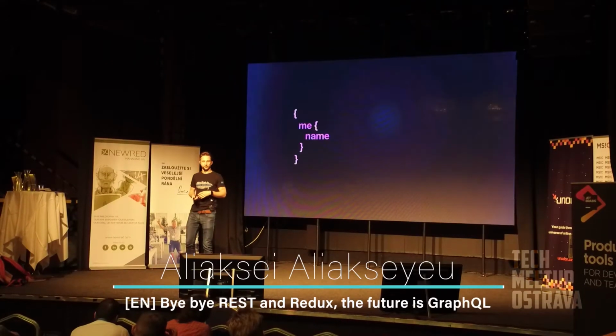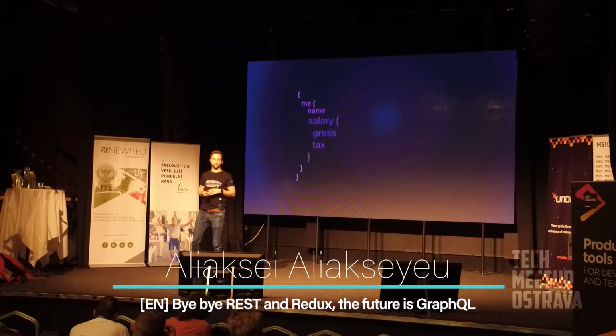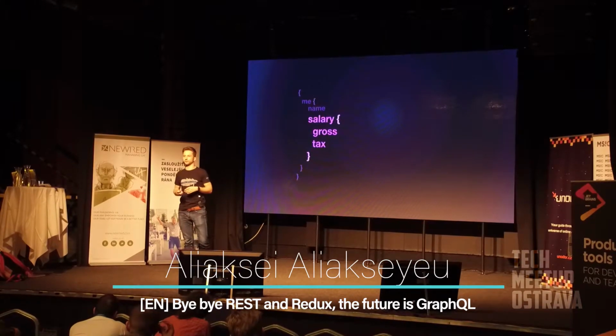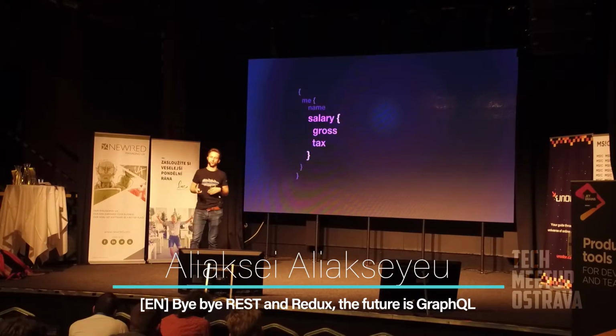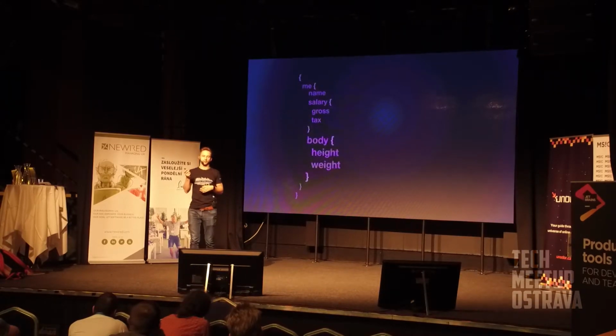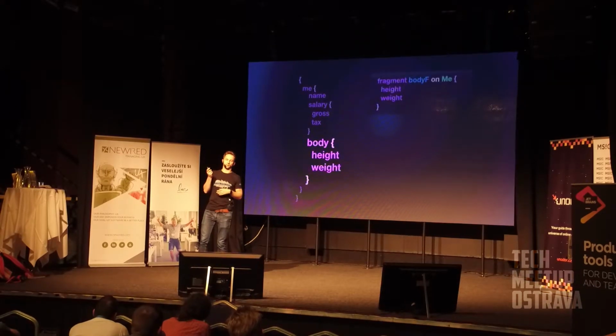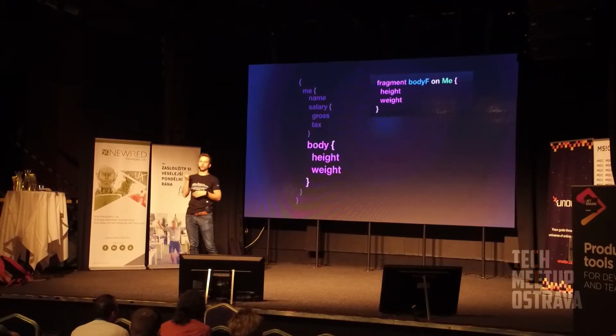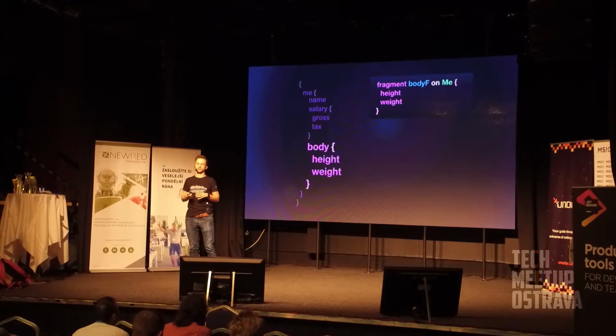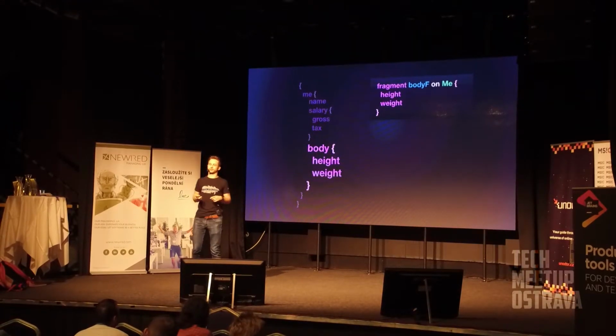Okay, so I showed you this, right? But if we want to introduce some more fields to render in our component, like salary, some parameters of this guy, we actually want to divide this query into parts, into fragments of the query.